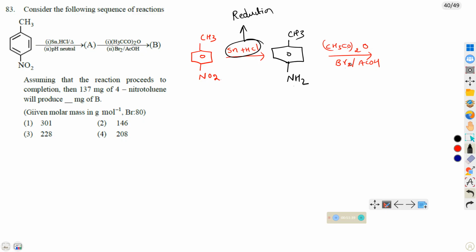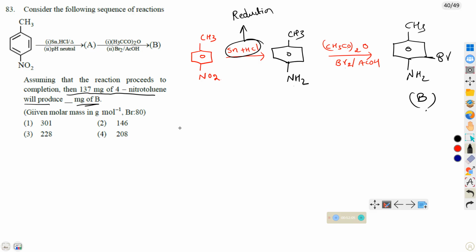Further bromination takes place, so a mono substituted bromine product will be obtained. Assuming that the reaction proceeds to completion, 137 milligrams of 4-nitrotoluene will produce dash milligrams of B.